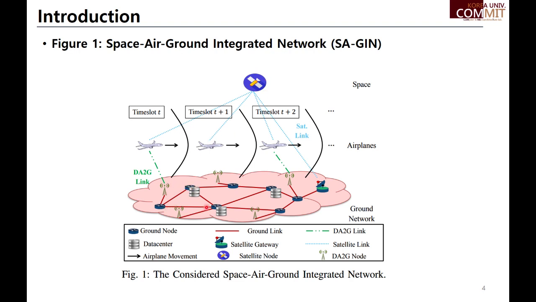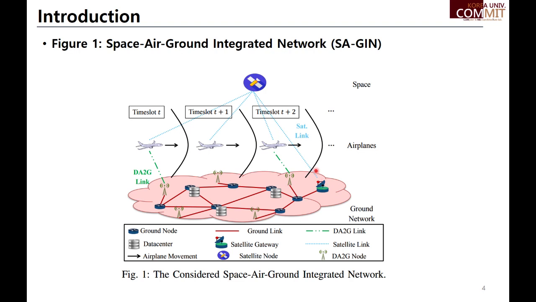The red line, the ground link, links the ground nodes. In short, the ground is interconnected. And you can see a green line, a direct air-to-ground link. So it connects the airplane and the DA2G node. And lastly, the blue dotted line, you can see the satellite link.